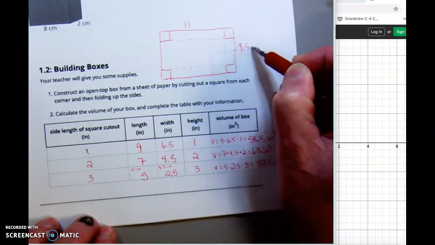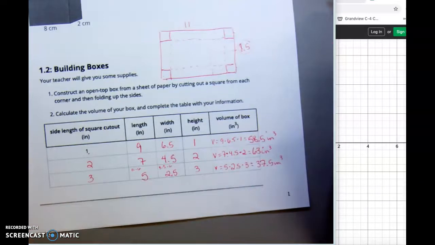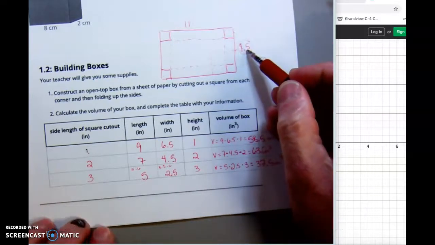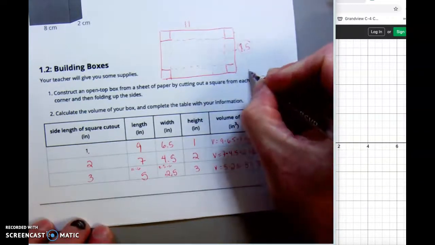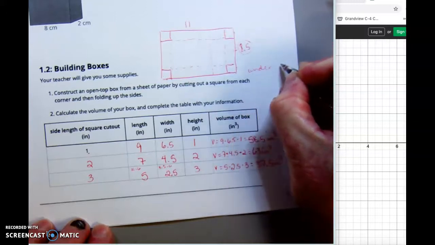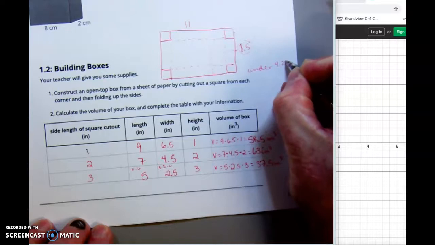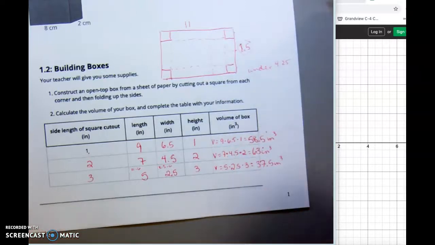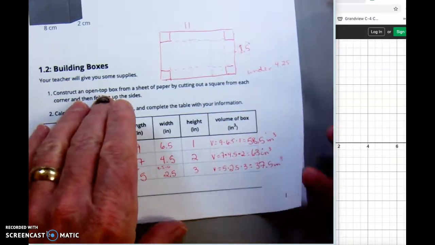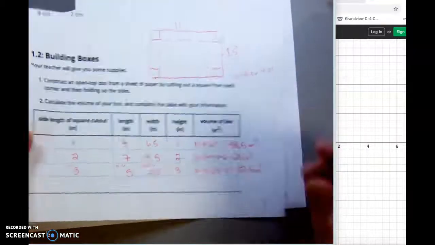So the biggest it could get would be under half of 8.5, which is 4.25. That would be the biggest we could cut out. We'll come back to that in just a minute.